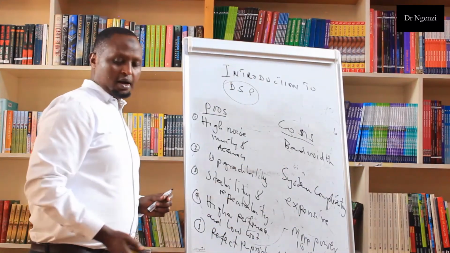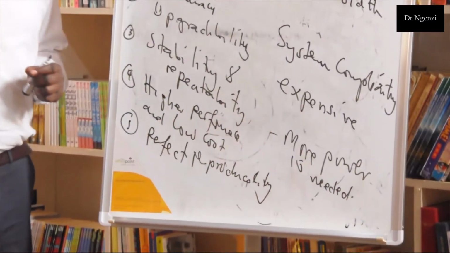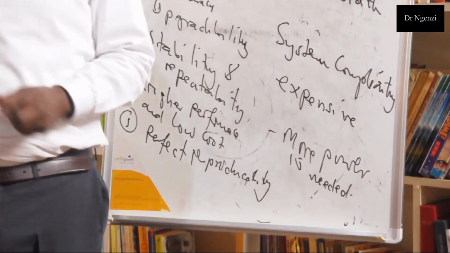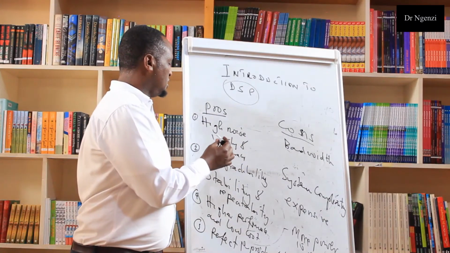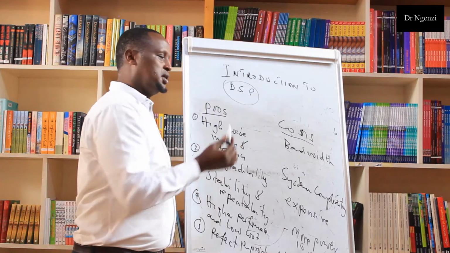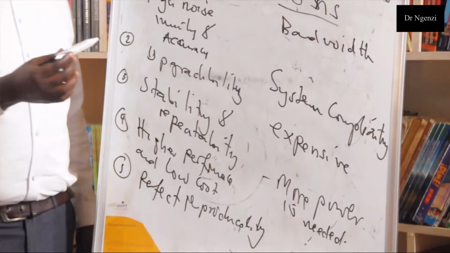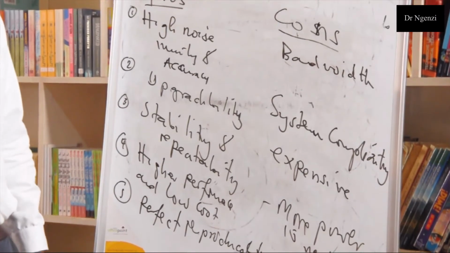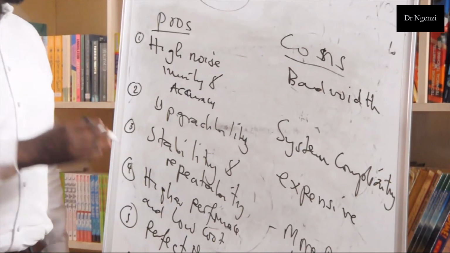So these are the advantages of digital signal processing. You can see here, it is immune to the noise. It removes the noise, and it is very accurate. It can be replaced very easily.